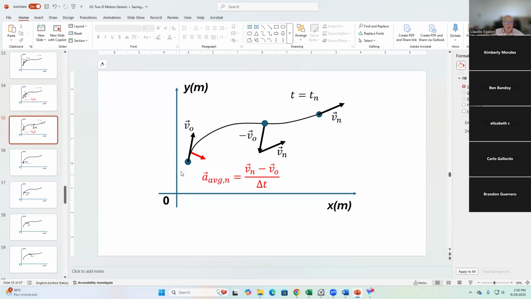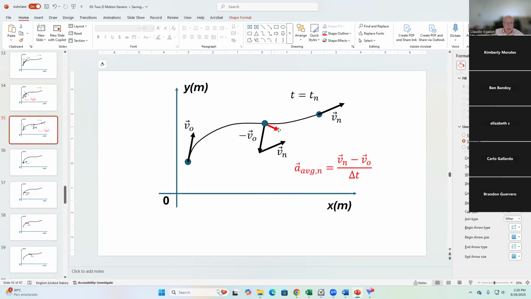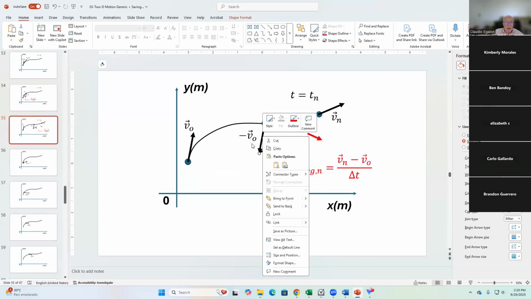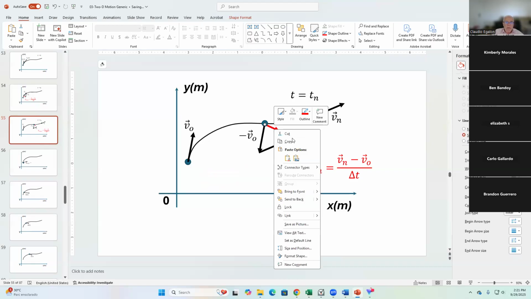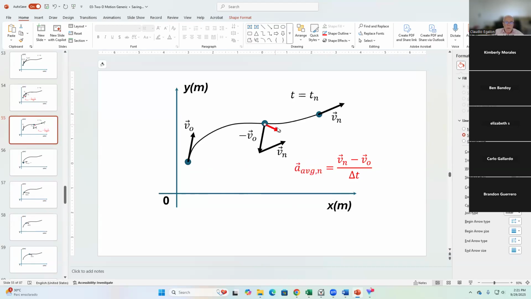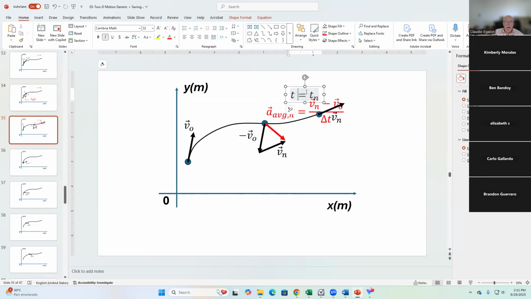And if you take the average acceleration vector between those two points, it's going to look somewhat like the following: tail, bring to front, tail of the final vector, bring to front as well, tail of the initial vector, head of the final vector. That is going to be my average.